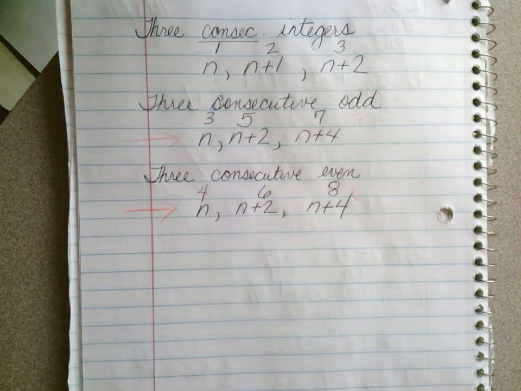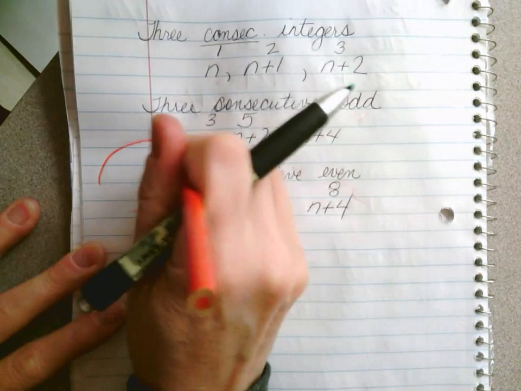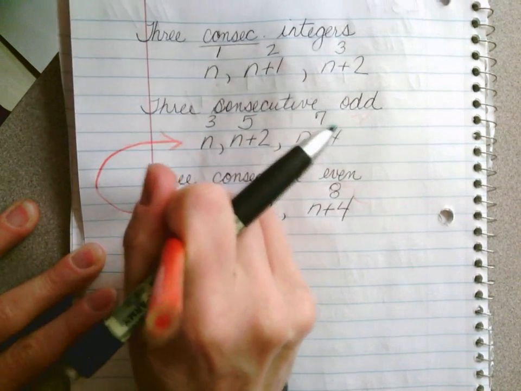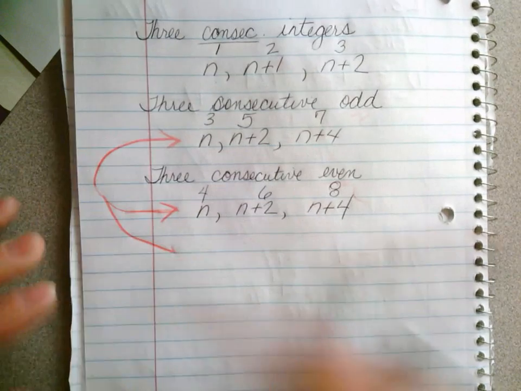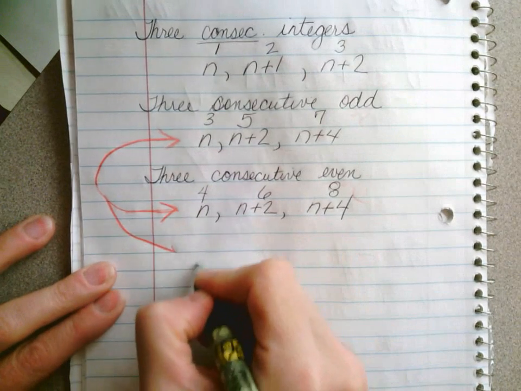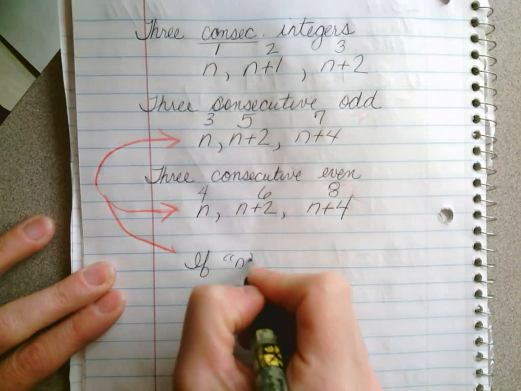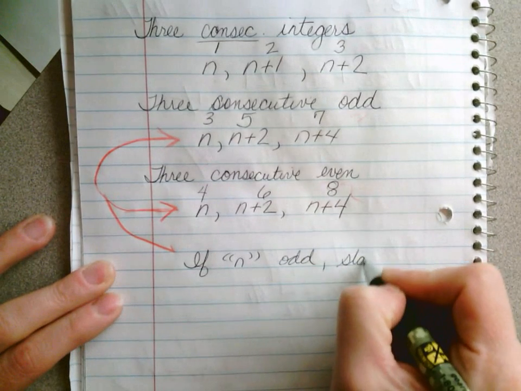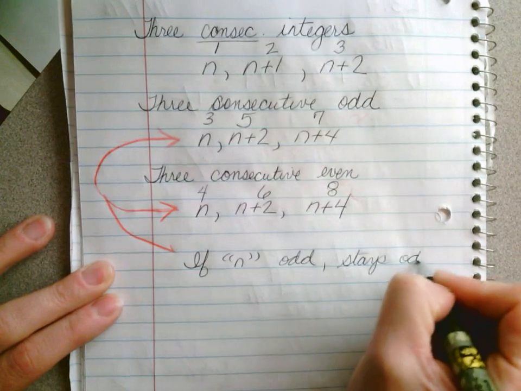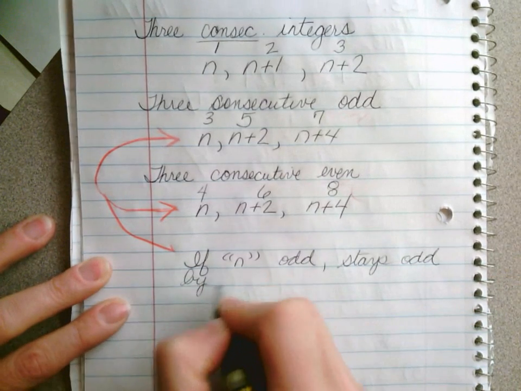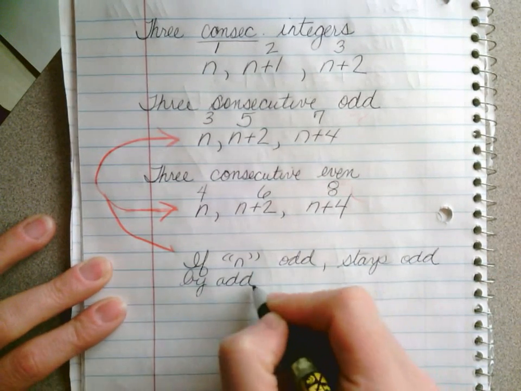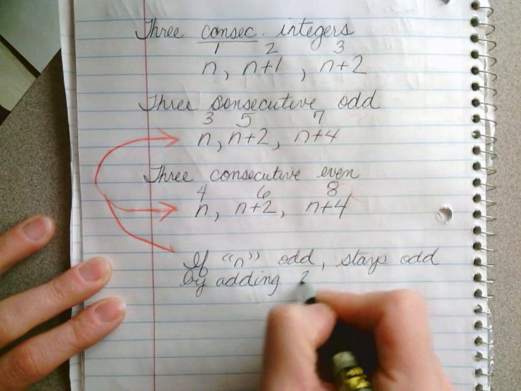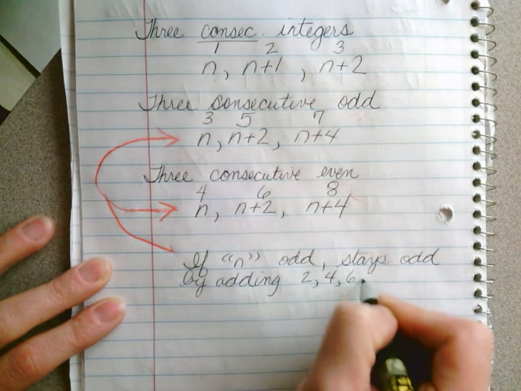So this scenario, folks, the reason it works is because whatever you get as your n value, if n solves for odd, it stays odd by adding 2, 4, 6, however many you need.